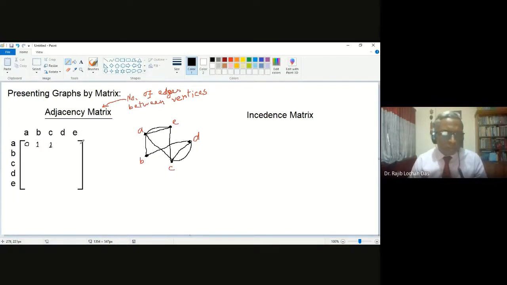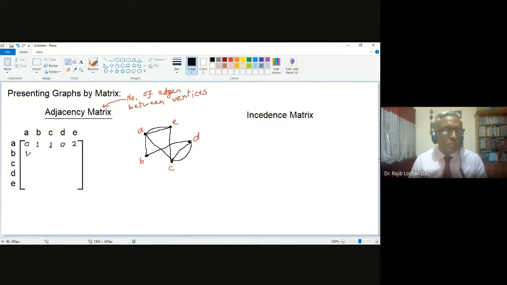So let us continue with this. AD, there is no connection. No connection means it has to be direct edge. It has to be direct connection. So AE, it will be 2. So you start with B again. So BA, again, it is 1.